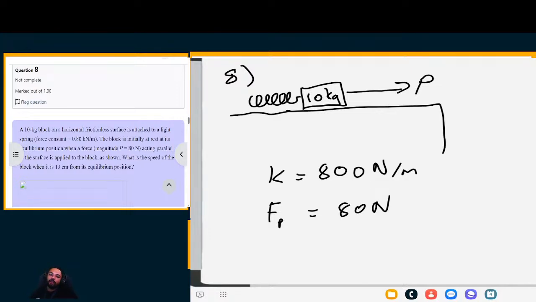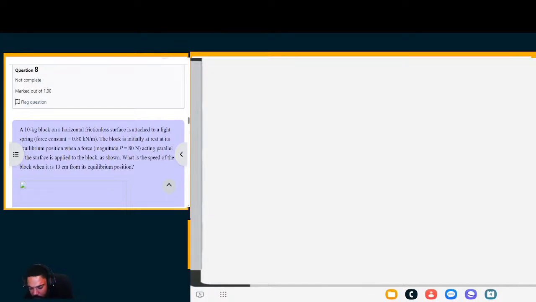What is the speed of the block when it's 13 centimeters from its equilibrium position? The block can be pulled or pushed from the equilibrium position. What would be its speed? Let's work that out.